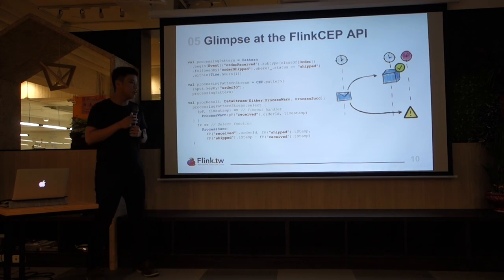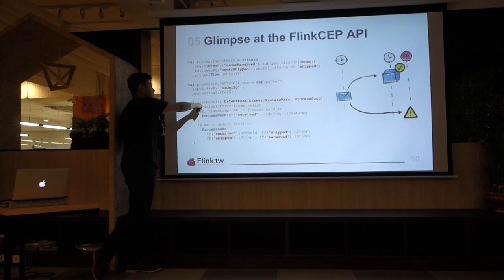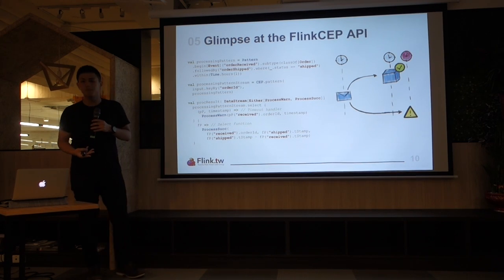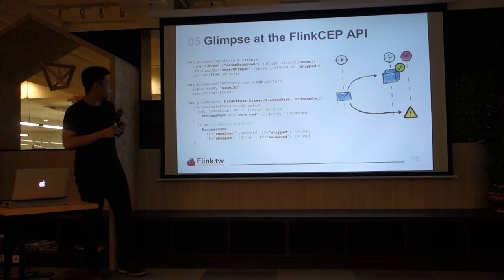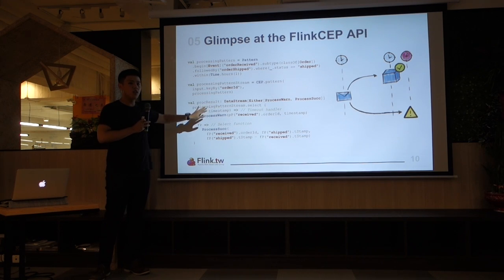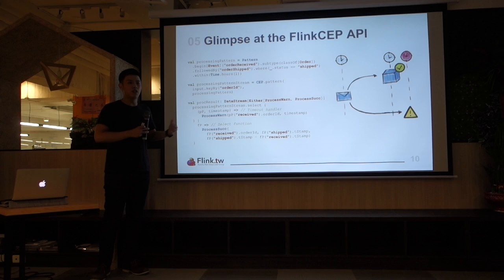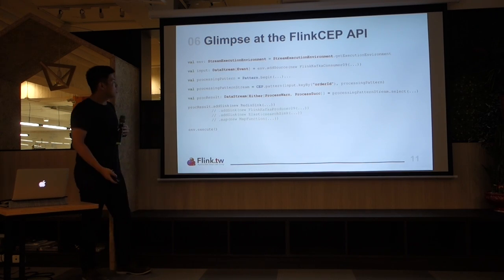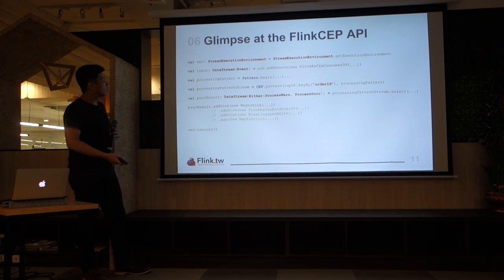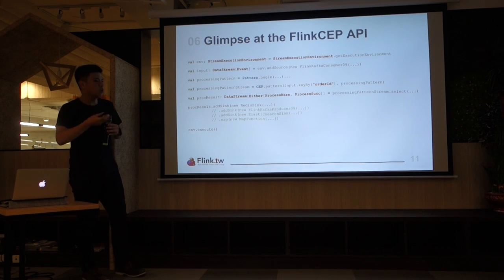So basically, this is what happens. And what we get here as a result is a process result for this stream. What we want to do with this process result afterwards is up to you. We can continue to do SQL, we can continue to do another pattern on this generated inferred event stream.